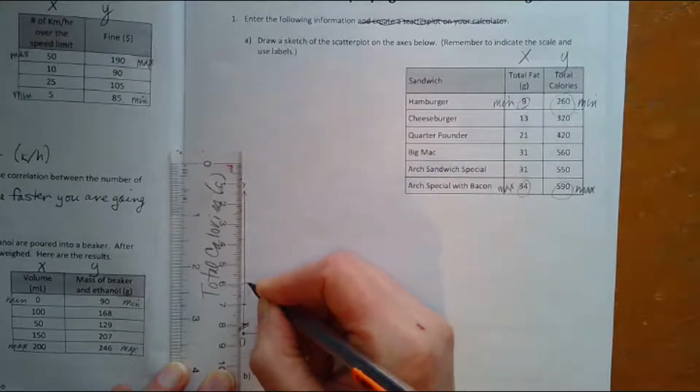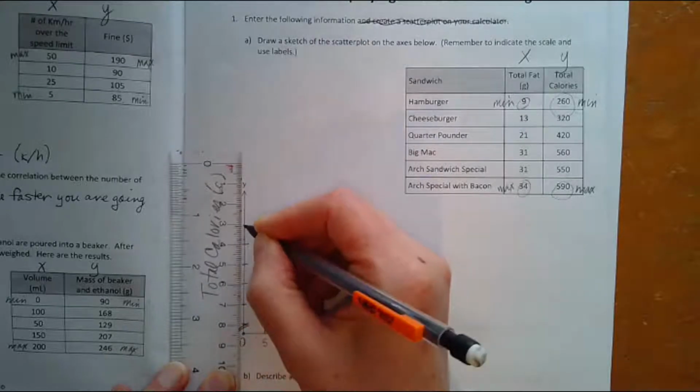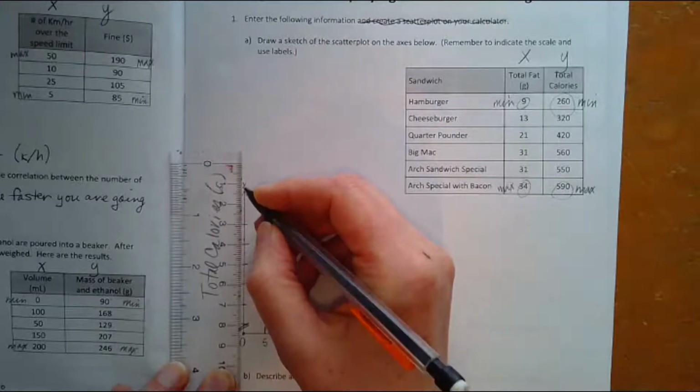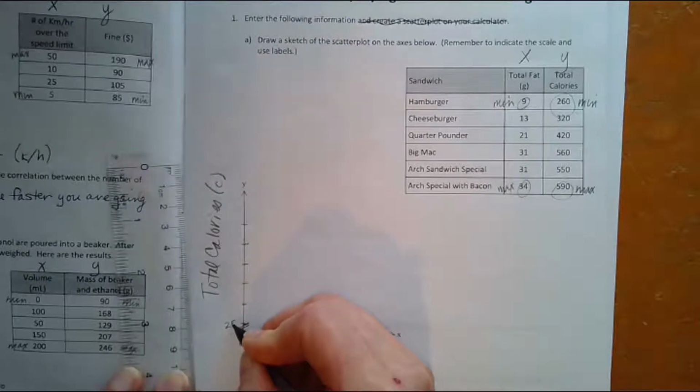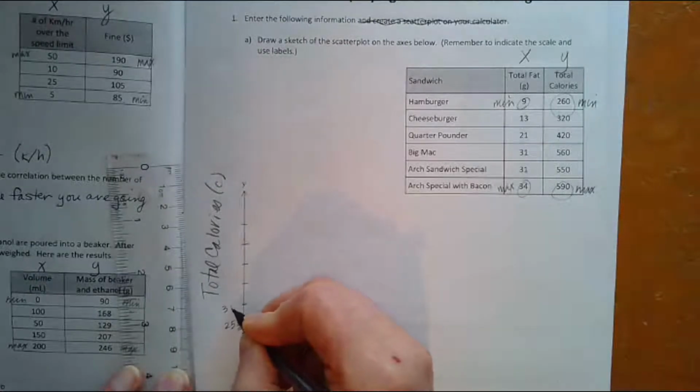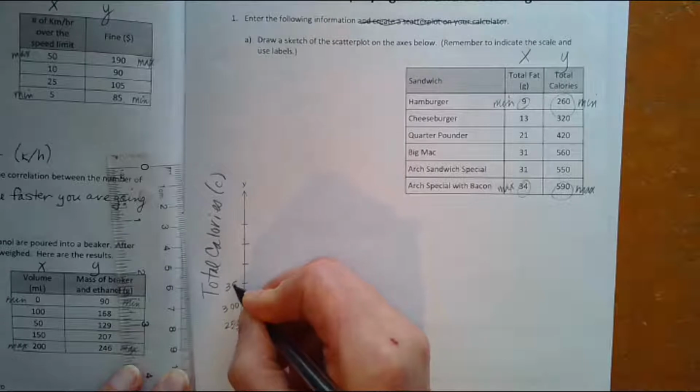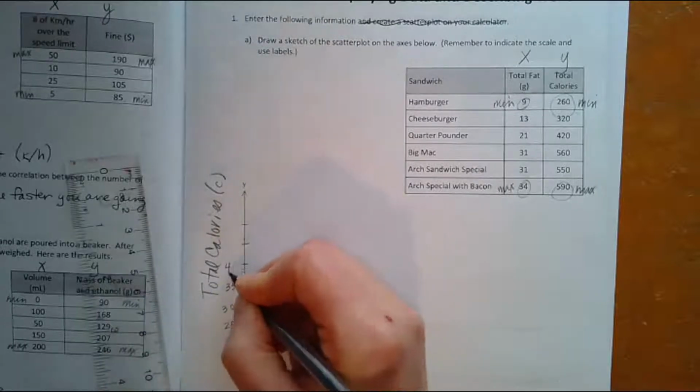Whoops, that doesn't make sense, does it? 250, 300, 350, 400.